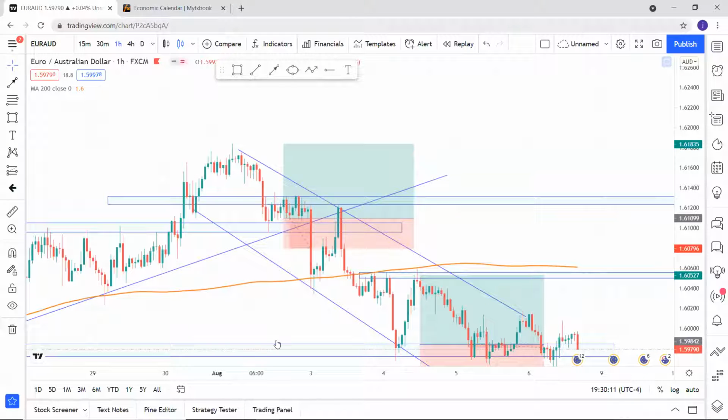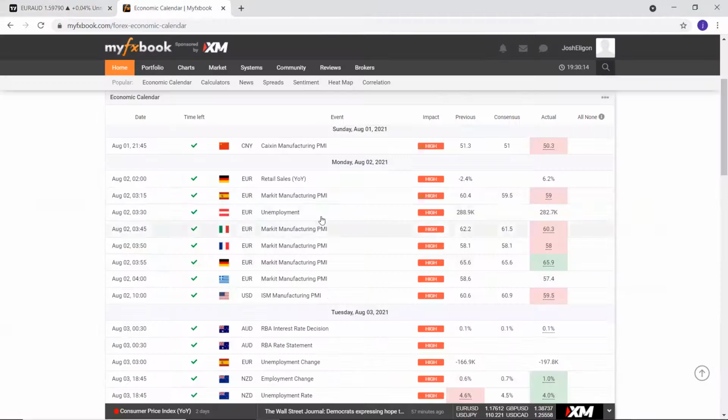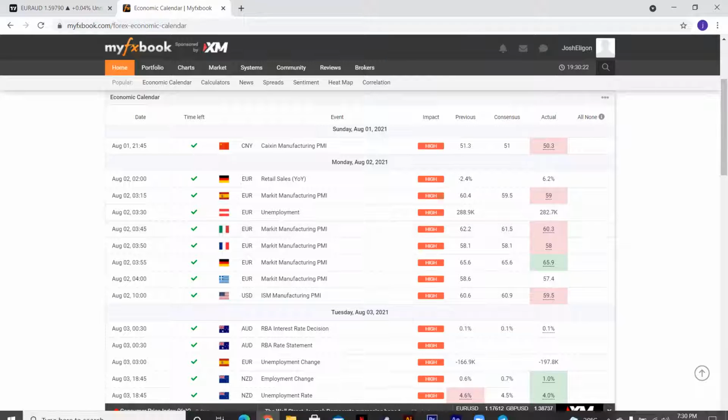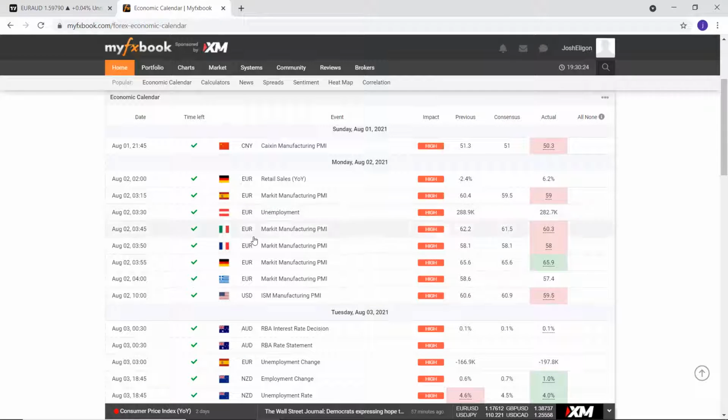So again, something like this manufacturing PMI is not a really high impact news event, so I don't usually pay attention to something like this.